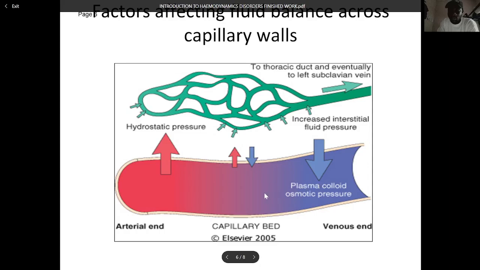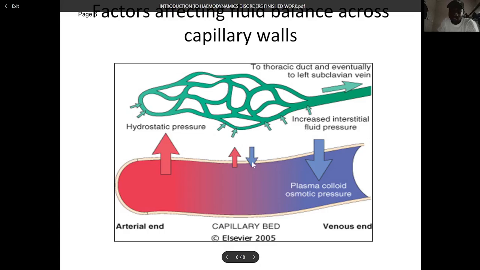Now, within the blood vessel, the fluid, of course blood is the fluid within the blood vessel, is exerting hydrostatic pressure, which is this outward force, while the extracellular space, which contains plasma proteins, is exerting plasma colloidal osmotic pressure on the vessel. So there has to be a balance between these forces to maintain fluid within the blood vessel. When there is distortion in this balance, fluid either leaks out or comes in, depending on the net pressure, right?